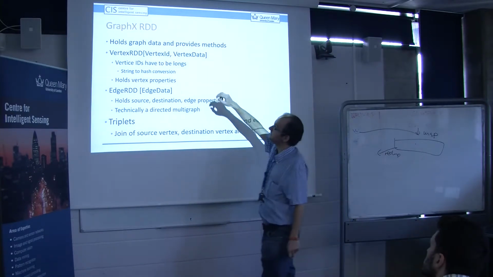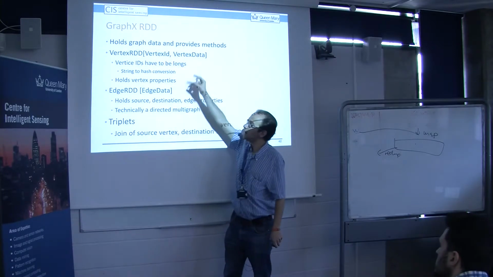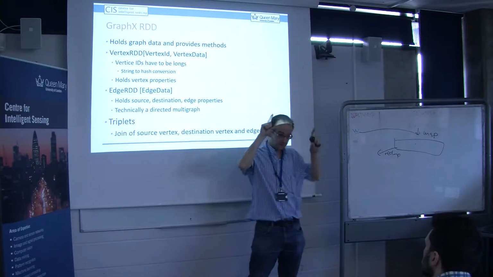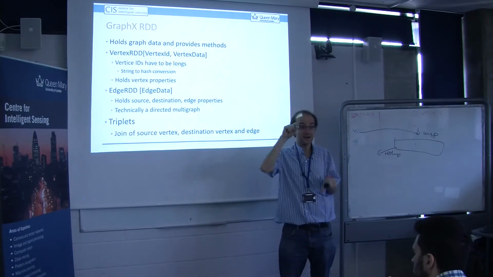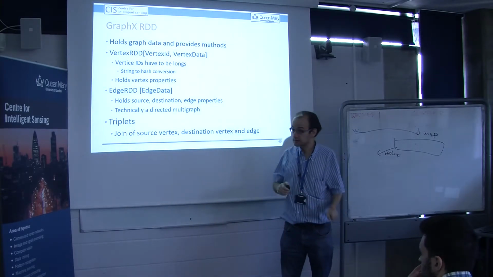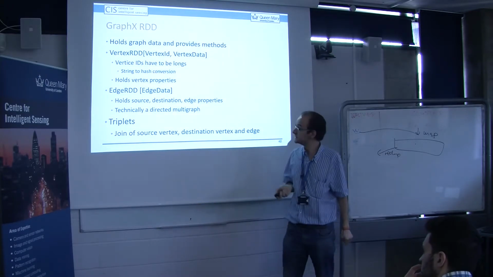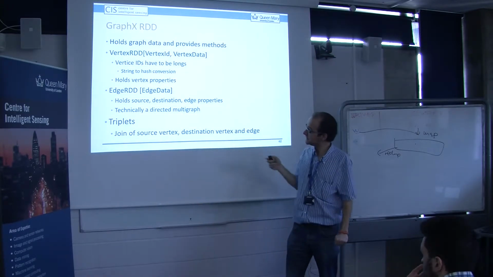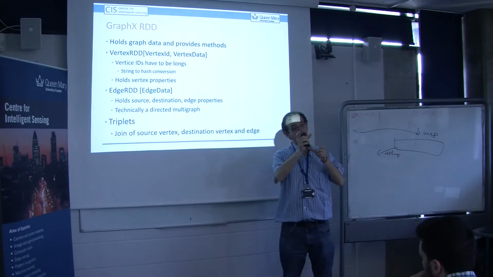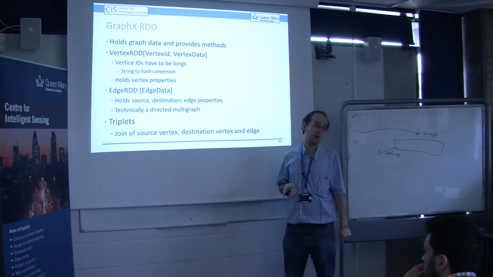And again, each one of our graphs is basically going to have two families, two RDDs of values. The vertex RDD holds the properties and the IDs for each one of the vertices of the system, and the edge RDD is going to hold all the actual properties of each one of the connections that I have here.